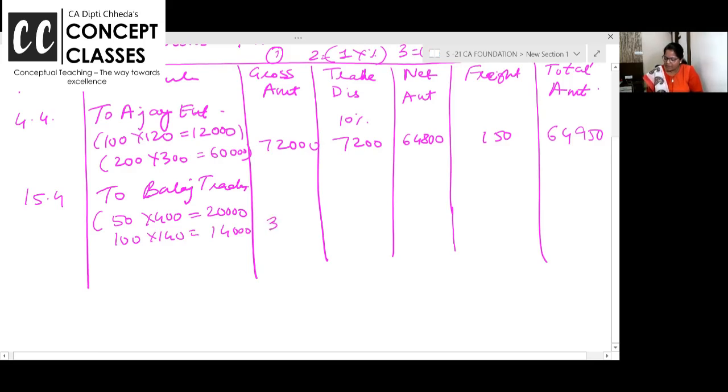All clear? Total is coming to 34,000. 3,400 is the discount, 10%. 30,600.